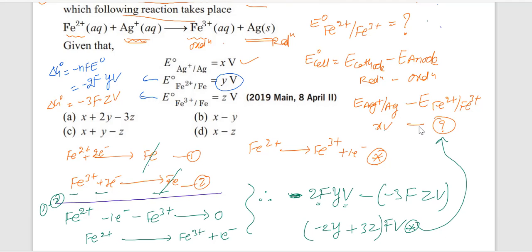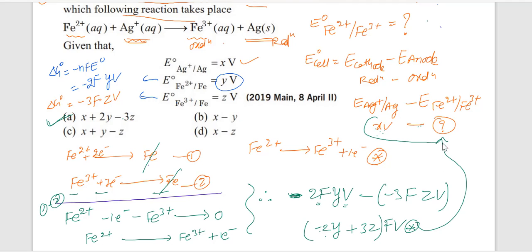Okay, just this value, the star mark value, you have to substitute here. x volt minus, see minus already is there, so minus into minus gives plus 2y. x volt means x volt, so volt we can take common: x plus 2y minus 3z, so your answer will be A. Are you getting?